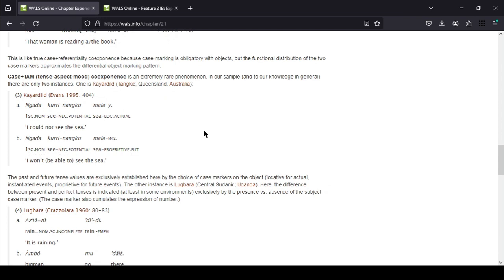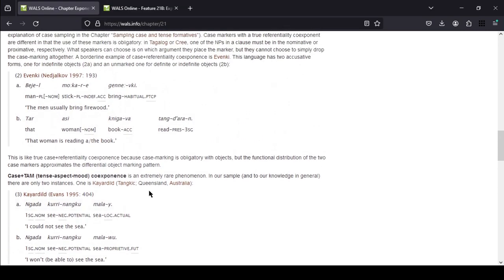Case TAM coexponence is an extremely rare phenomenon. In our sample, and to our knowledge in general, there are only two instances. One is Kayardild. Oh, the object, yeah, because they're talking about nouns right now.